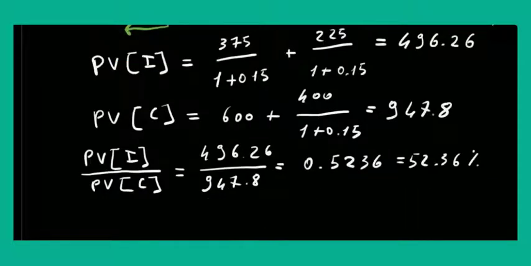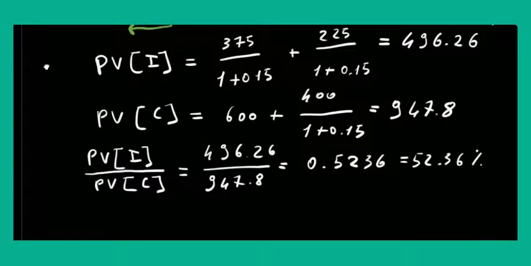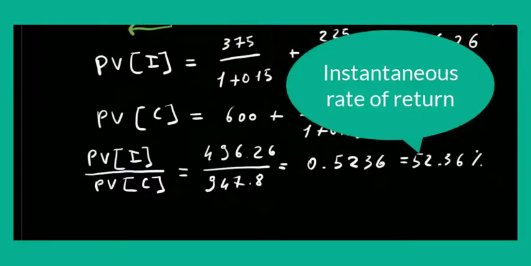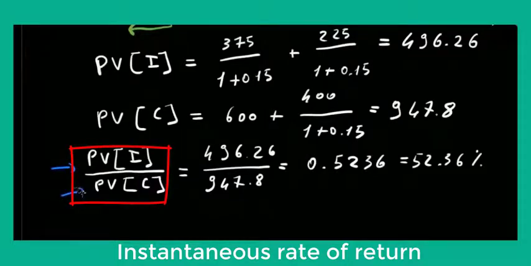This is certainly a rate of return because this is a return divided by capital. But this is an instantaneous rate of return, because we divide a present value of returns by a present value of capitals.